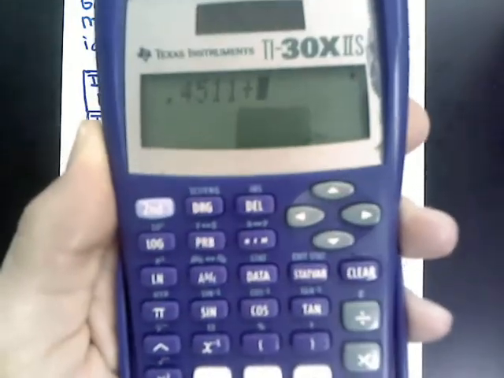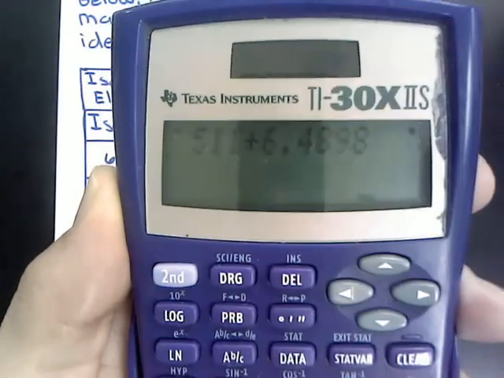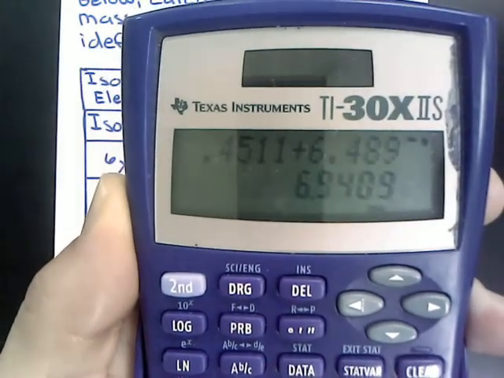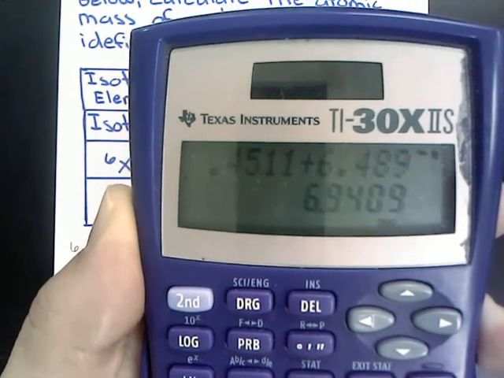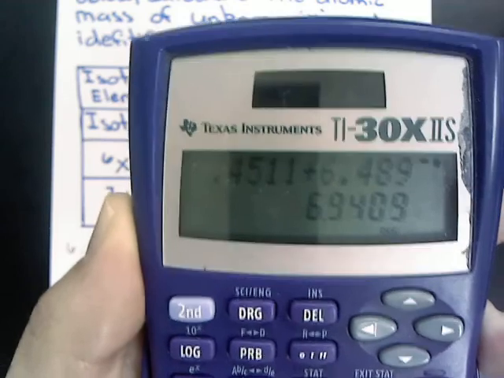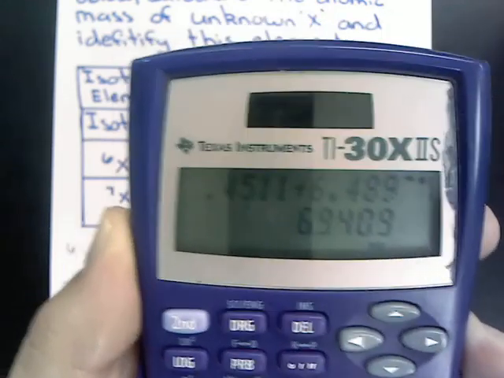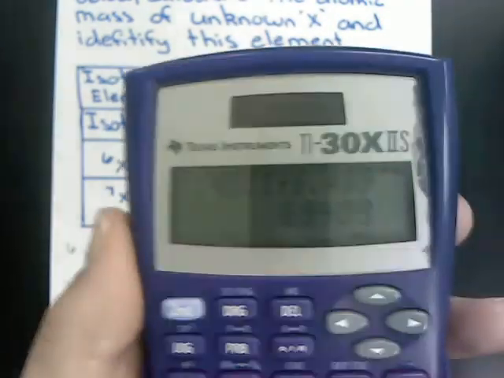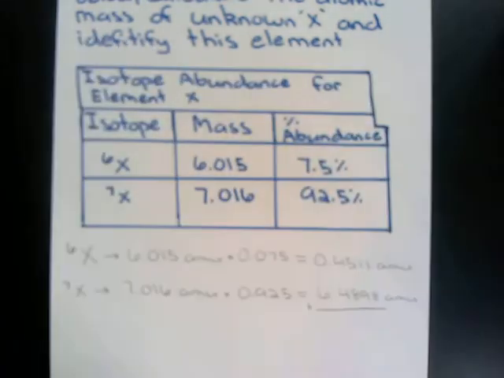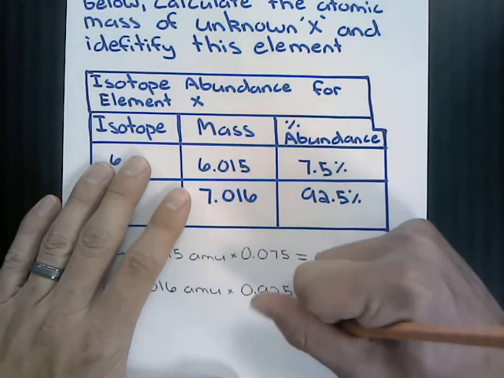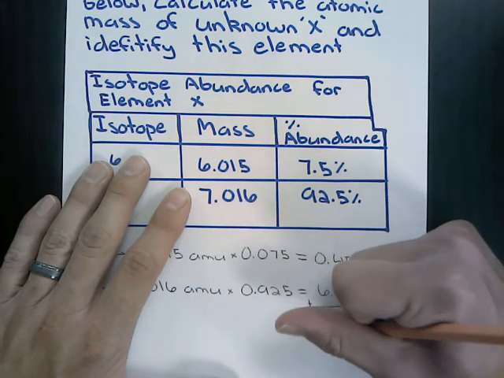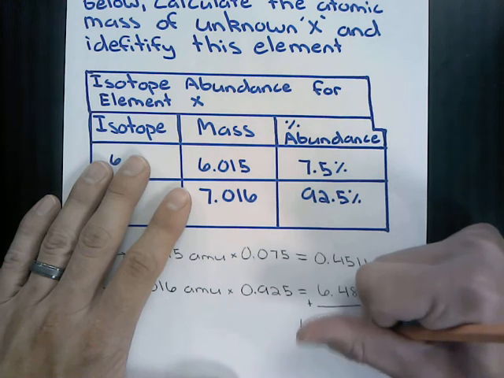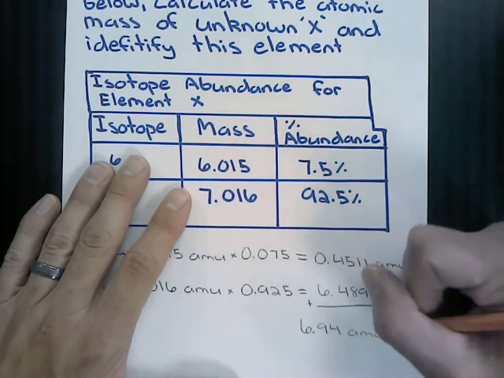When I press enter, I get a value of 6.9409. And I told you in the previous slide that you can round to 2 decimal places. That's going to be our standard when we talk about atomic mass. So this becomes 6.94 AMU.